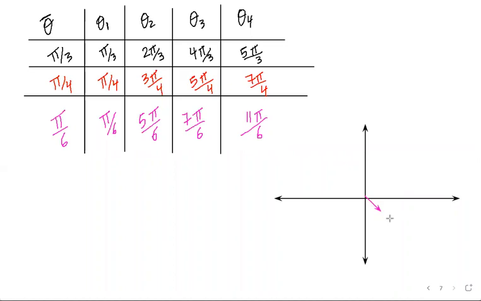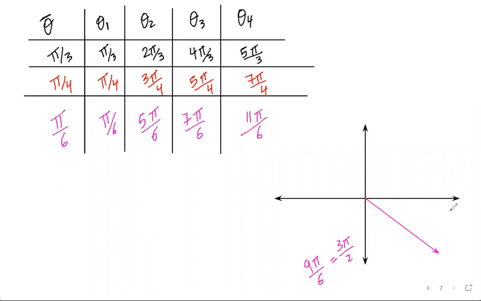Why? Because 3 pi over 2 is, to make the denominator 6, multiplying both sides by 3, 9 pi over 6.